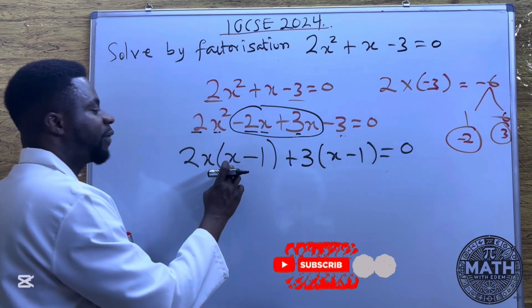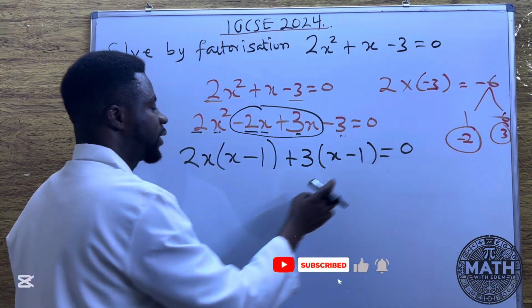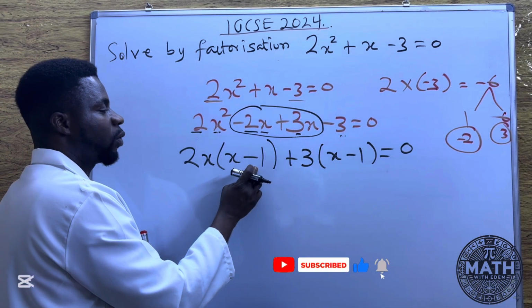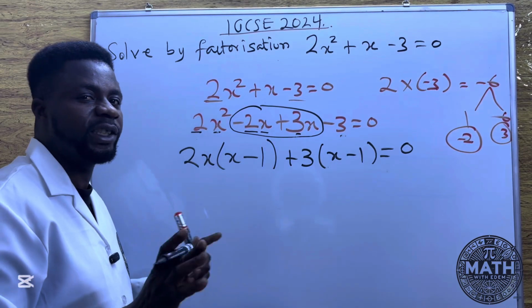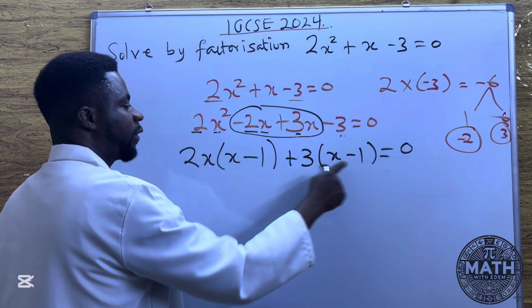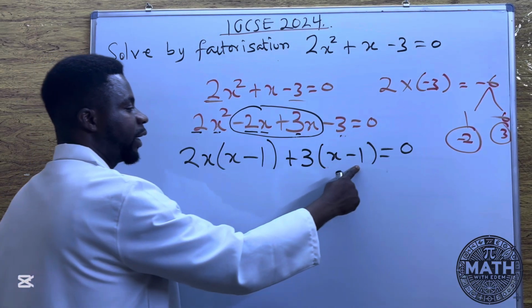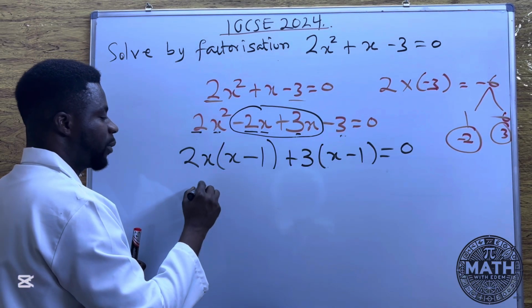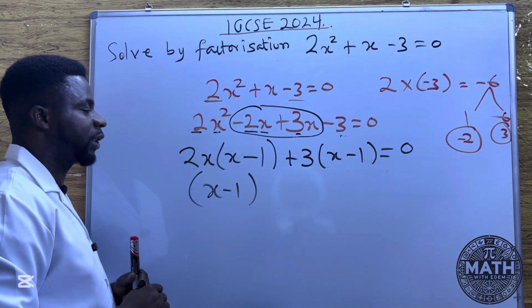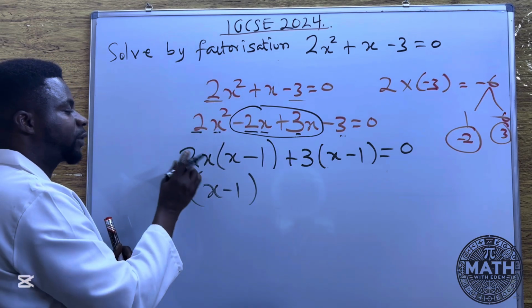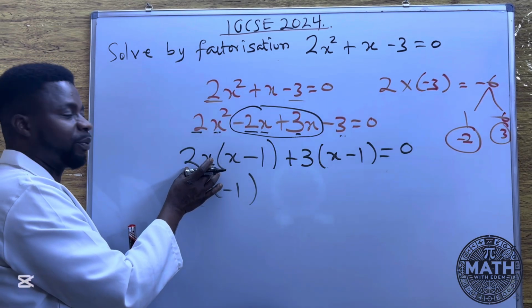Once you have the same expression in the parentheses, here we have x minus 1 and we also have x minus 1, that means we are on the right path. Now we are going to keep one of them. So let's keep x minus 1 in parentheses, and then look at the numbers outside the parentheses.